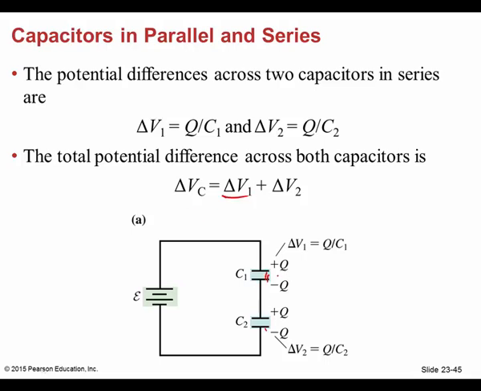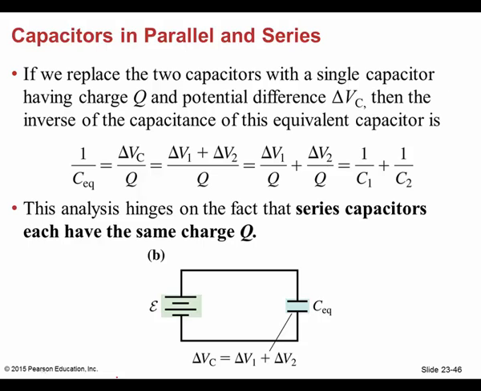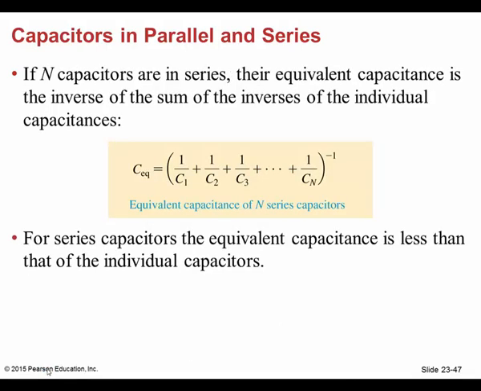So what does that mean? Charge is the same, but the voltage here and the voltage here is different if they're different size capacitance, okay? So here it tells us that the series capacitors have the same charge, all right?